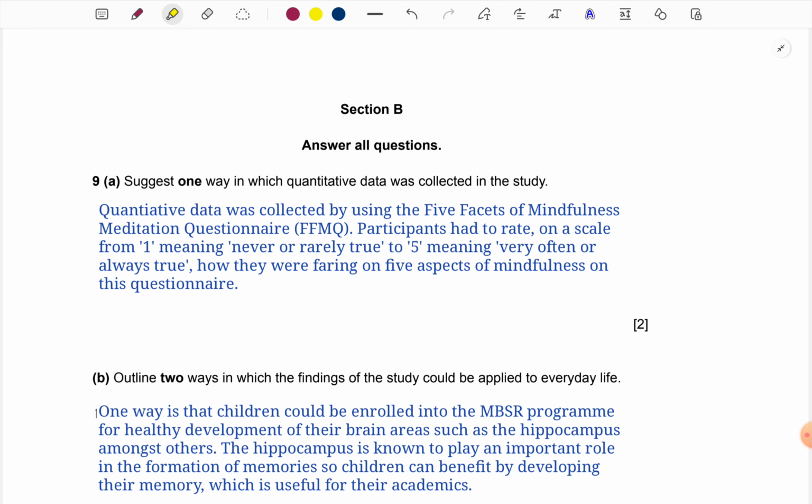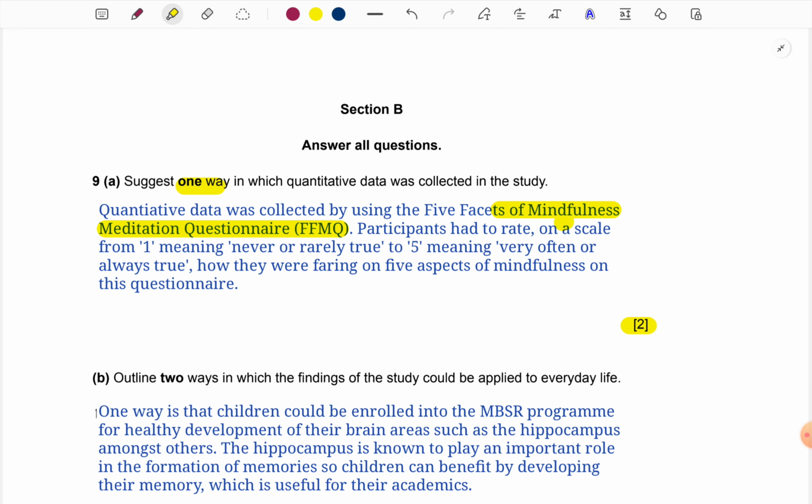But students generally find it a little difficult to elaborate on that. So I've taken the easier one. FFMQ is a quantitative data collector. And always when we are saying this, we have to justify, because after all they have allotted 2 marks and they've asked for a way. They've not just asked name one questionnaire or name one quantitative tool.